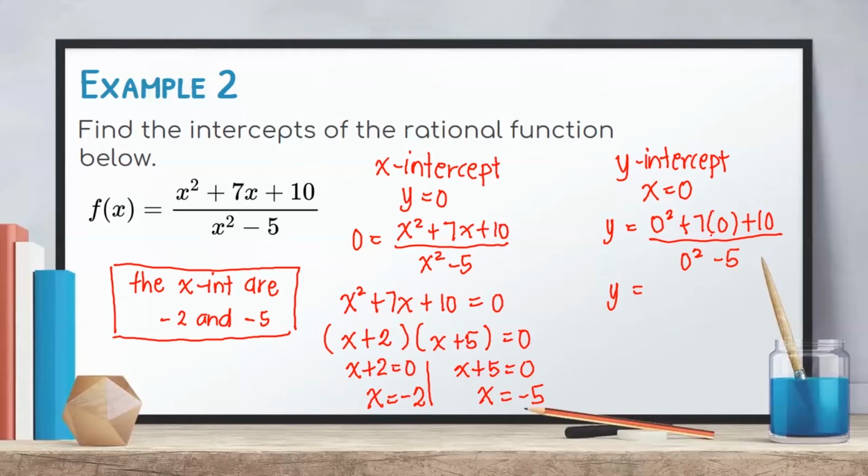So 0 plus 0 is 0, plus 10. That will give us 10 all over 0 squared is 0, minus 5 is negative 5. Simplify, 10 divided by negative 5 is negative 2. Therefore, the y-intercept is negative 2.